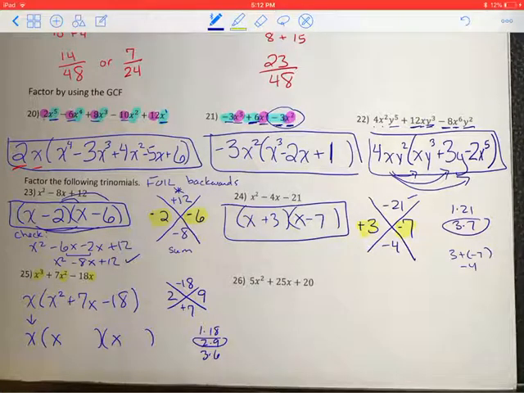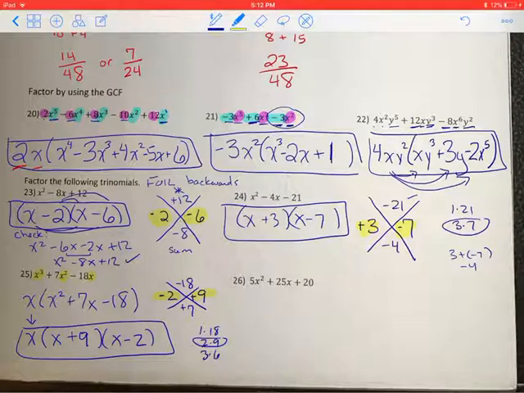So to get a positive 7, I would need a plus 9 and a minus 2, and that would also give me a product of negative 18. So this tells me the numbers that go in my parentheses. So a positive, I'm sorry, I just did that wrong, a positive 9 and a negative 2. So you can put those in either order you want, but the plus has to go on the 9 and the minus has to go on the 2.